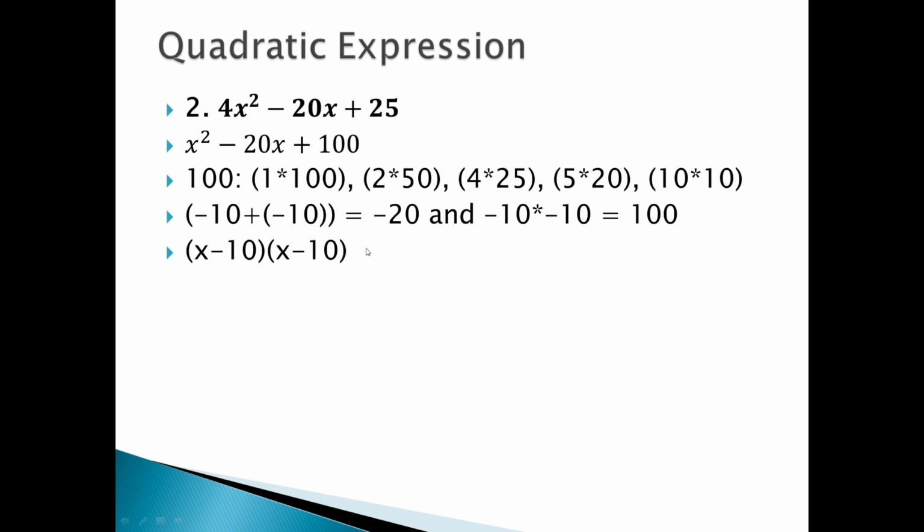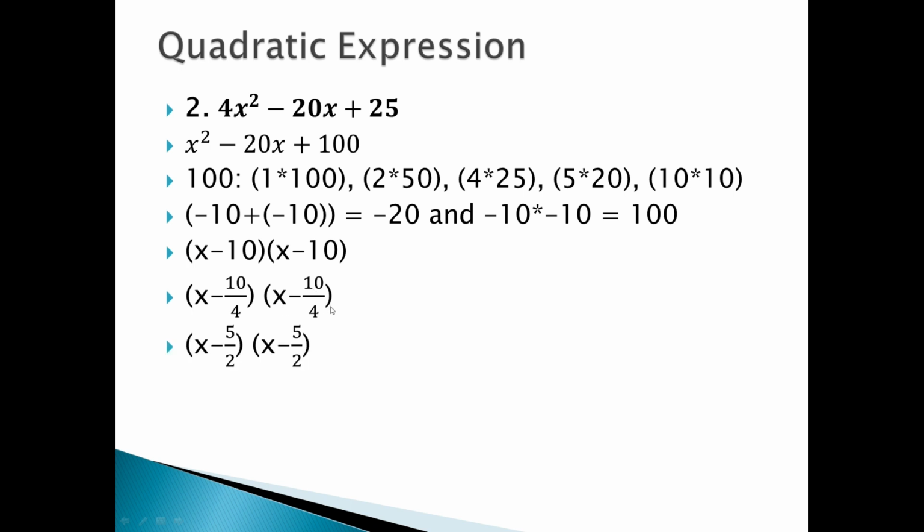But this is not yet the final answer. Since at the beginning, we multiplied the coefficient of x squared to the constant term, we will divide again, this time, the constant, which is 10, by 4, which is what we multiplied a while ago. So x minus 10 over 4 times x minus 10 over 4.